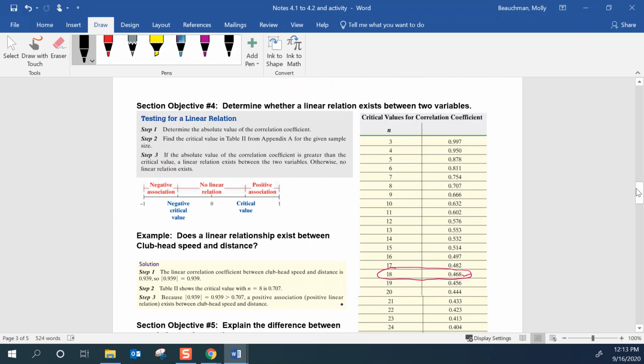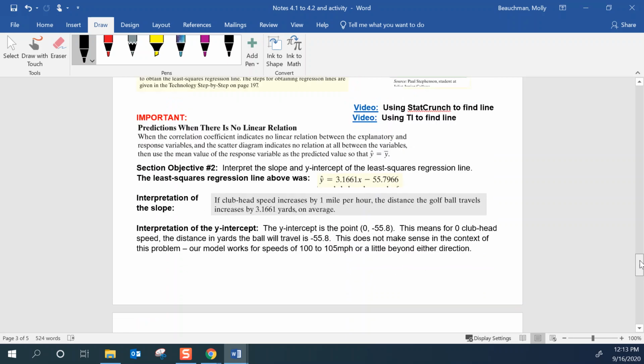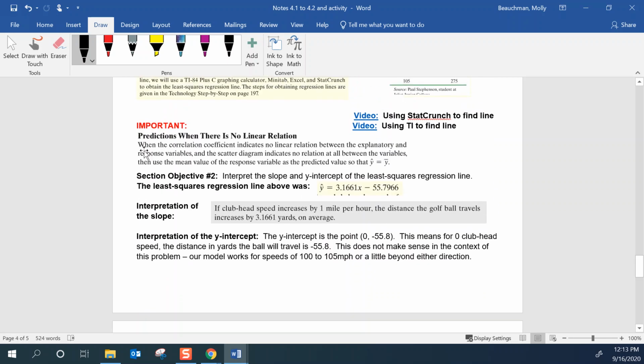I'm going to take you to the notes where this is, and it's important. If the correlation coefficient indicates no linear relation between your two variables, and the scatter diagram indicates no relation at all between the variables, then you use the mean value of the response variable as the predicted value. So you don't use the equation to predict, you use the mean of the y's.